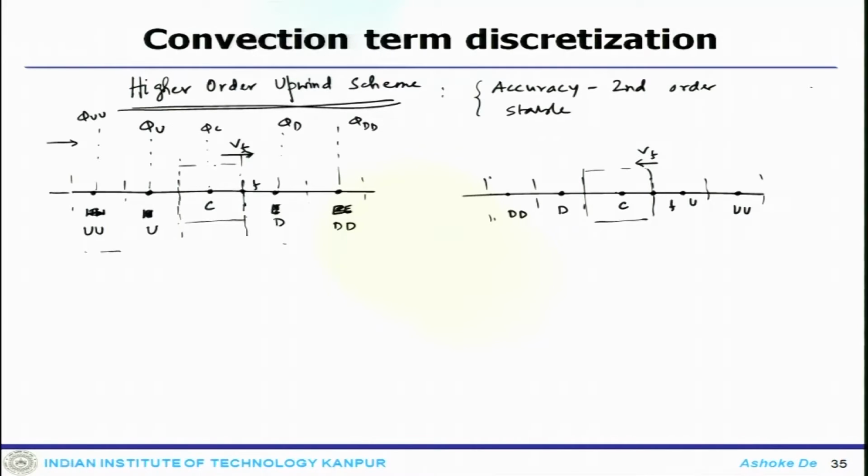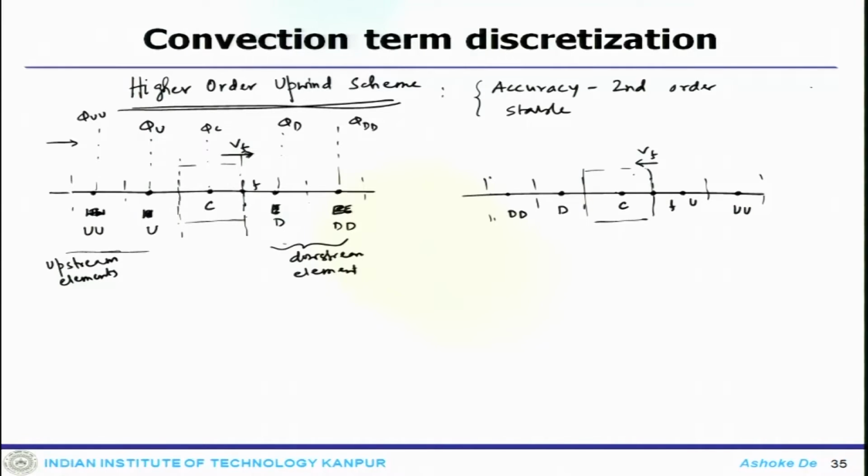So, in this case the cell velocity was in this direction, so these are counted as upstream nodes. These are all upstream elements and these are downstream elements.